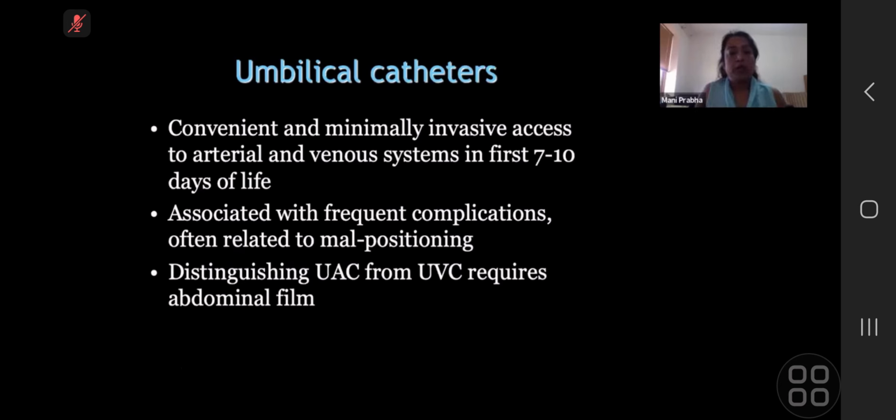So going on to the umbilical catheters, they provide convenient and minimally invasive access to the arterial and venous system in the first 7 to 10 days of life. They can be associated with complications, often related to their malpositioning. Distinguishing UAC from UVC will require an abdominal radiograph.